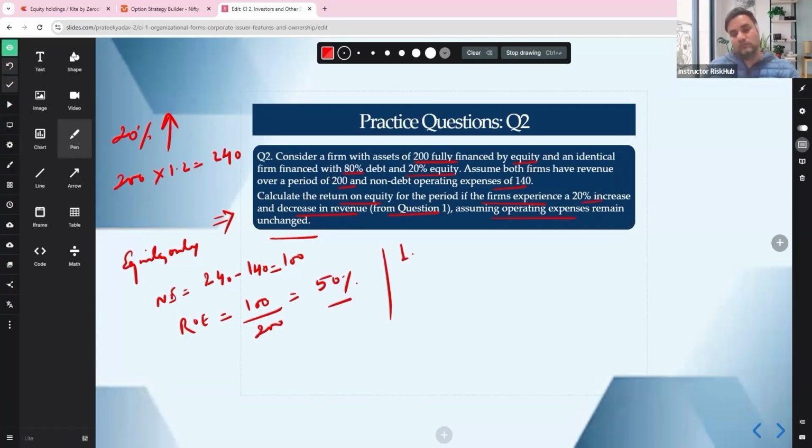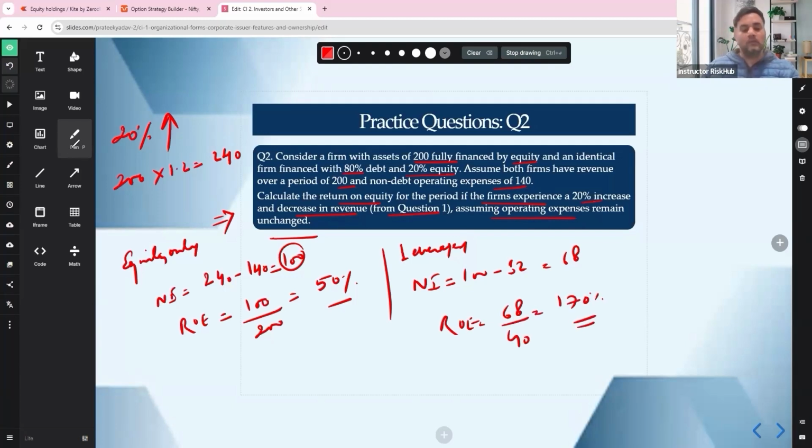If you are leveraged, net income is obviously your 100, whatever you got from here, minus 32, which is your interest, right? So it is 68. So ROE is what? 68 by 40 equal to 170%, right? So massive upside for your equity holders.